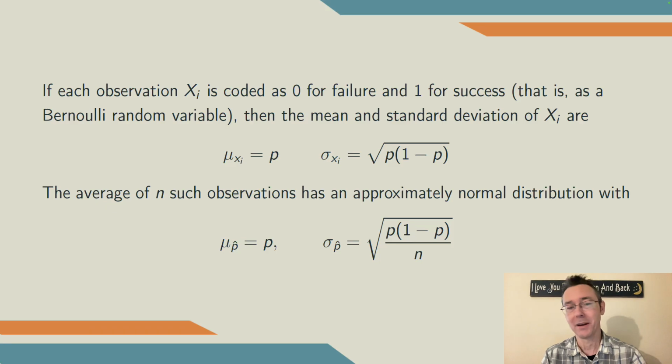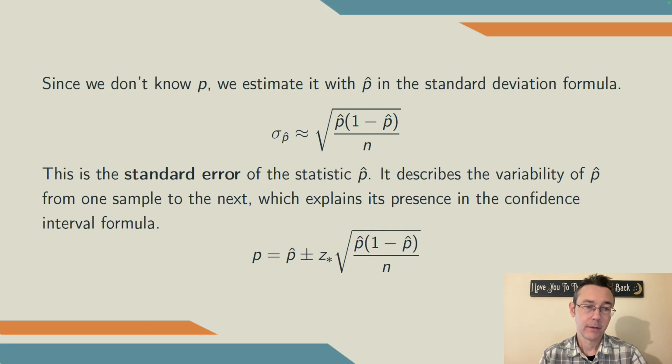I'll throw a link to that up top. Applying the central limit theorem and some of the theory that accompanies it, we know that the sample proportion p hat, the average of n such observations, has an approximately normal distribution with expected value of p and standard deviation of square root p times 1 minus p over n.